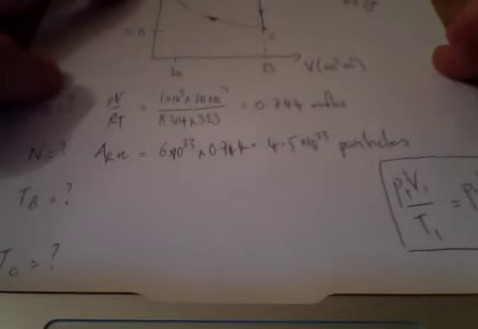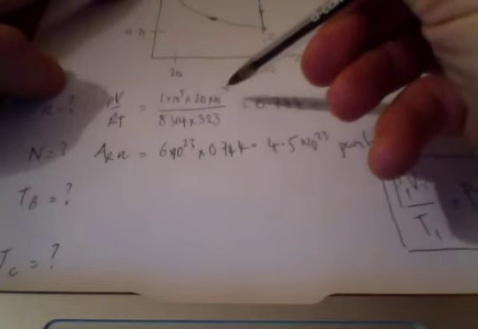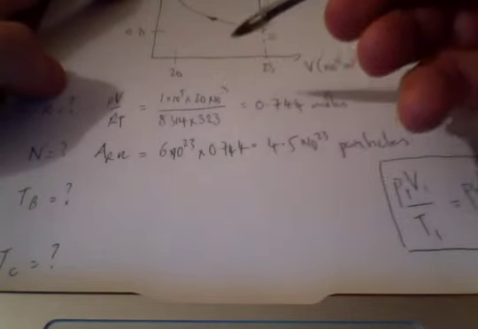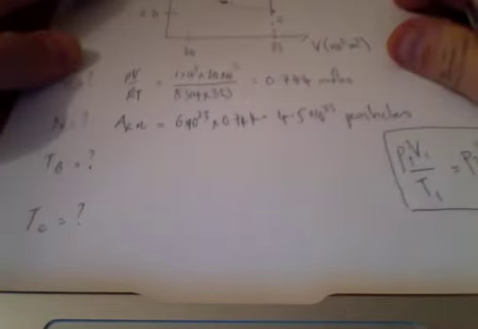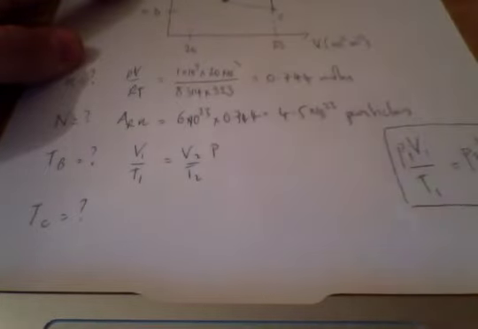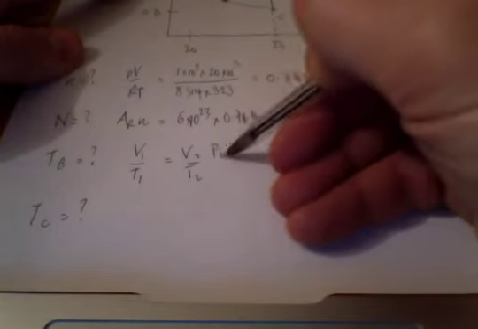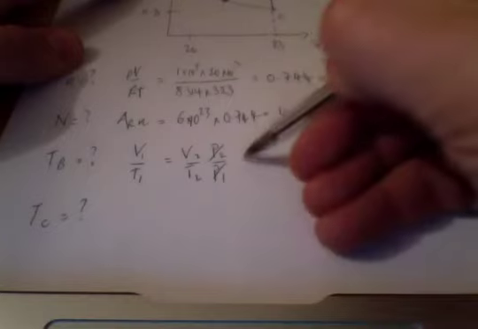Or you could go flying through again using this brute force method we used before. Either way is perfectly acceptable. Let me go for the quick way. I can say that V1 over T1 is going to be the same as V2 over T2, because if I were to bring the pressures on the same side, let's imagine, just move pressure down there, they cancel out.